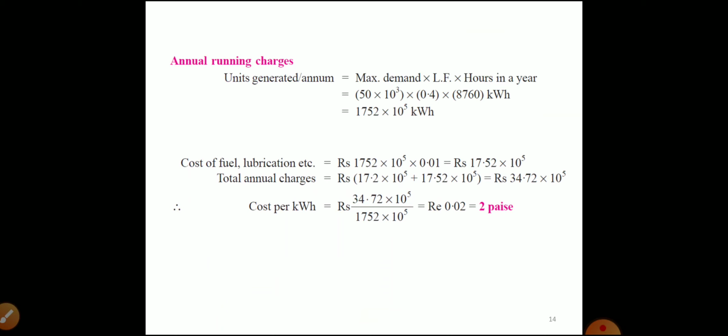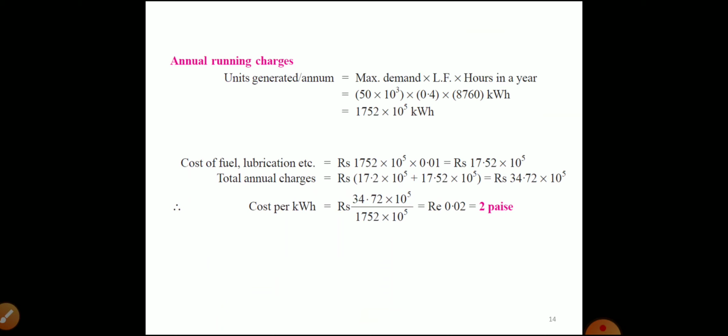The cost of fuel and lubrication is given, that is 1 paise per unit. Multiplying 0.01 by the number of units gives us rupees 17.52 into 10 to the power 5. So total annual charges is equal to fixed charges plus running charges, which gives us 34.72 into 10 to the power 5.